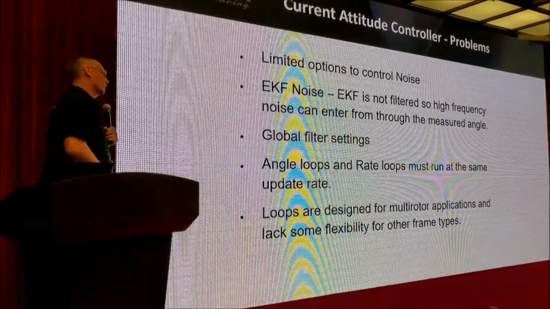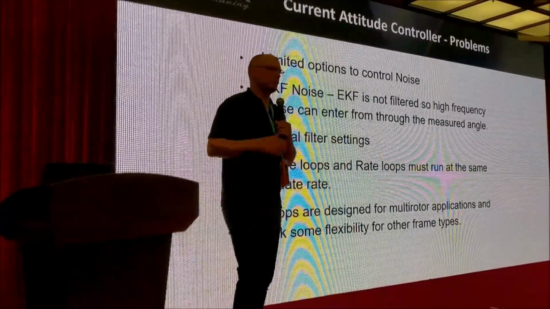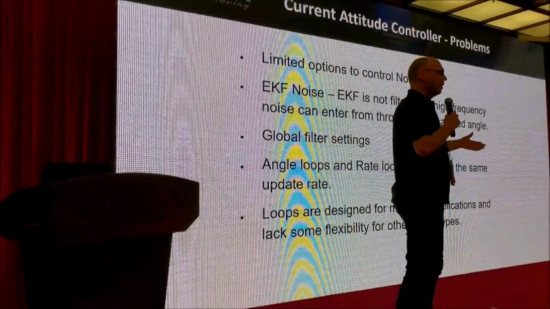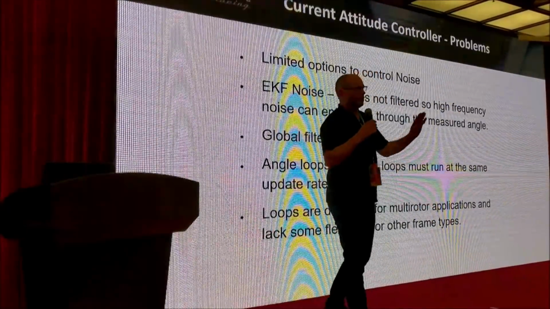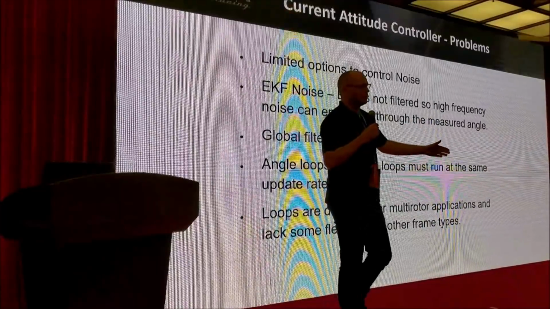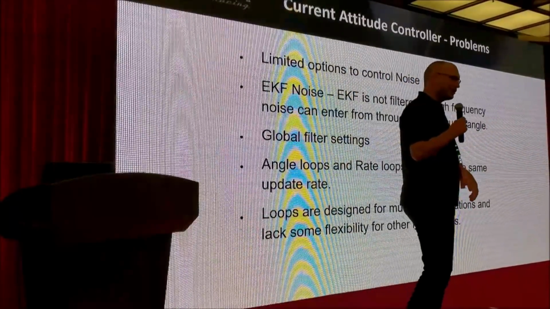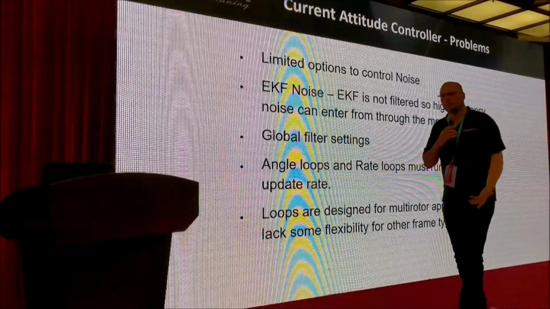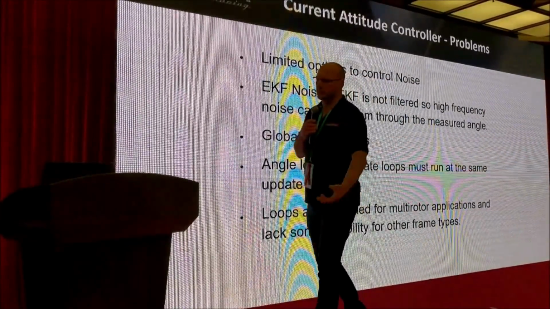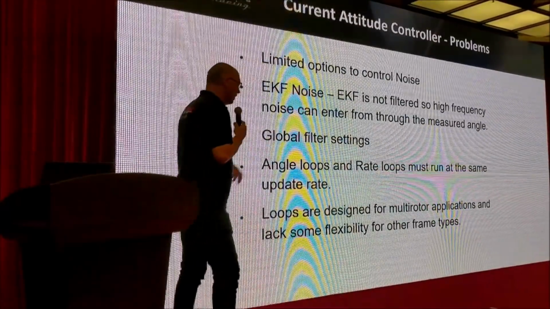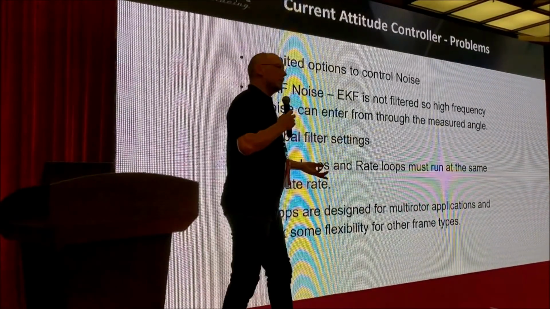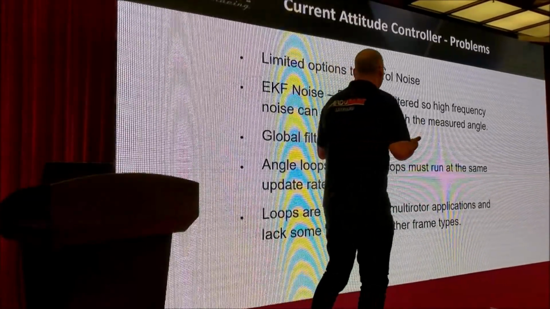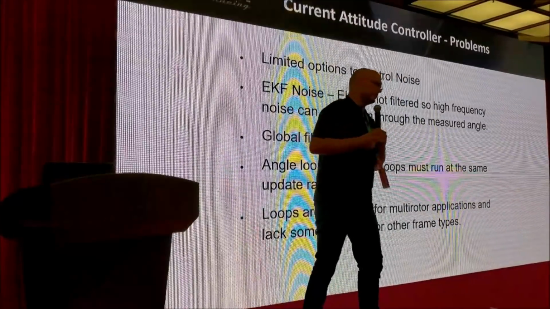So, what's the problem with our PID loops? We're getting really good control, we can fly a whole range of aircraft, and we're very happy on that, and the people using ArduPilot, once they've actually tuned them up correctly, are very happy with the response we can get. So how can we make this better? What are the problems that we're facing? The main problems are associated with noise, speed, and flexibility.